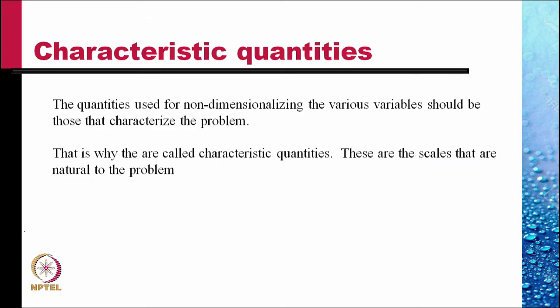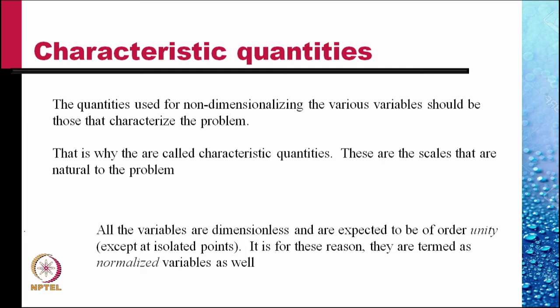The quantities used for non-dimensionalizing the various variables should be those that characterize the problem. That's why these are called characteristic quantities. These are the scales that are natural to the problem, as elaborated earlier.